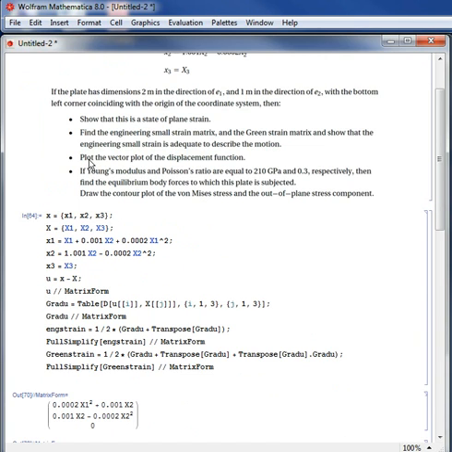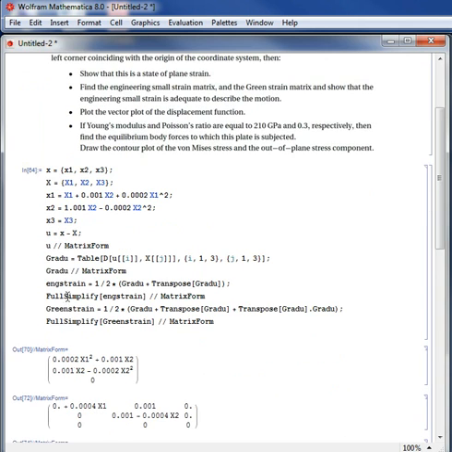The next step is we need to plot the vector plot of the displacement function. The displacement is given as a vector in R3. However, the third component of the displacement is 0.